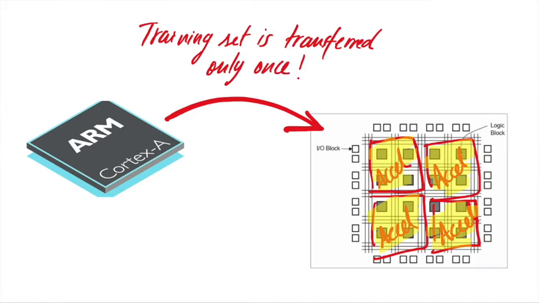Additionally, having several accelerators enables parallelism. Instead of classifying a new sample at a time, several samples are simultaneously classified. By doing so, the training set can be transferred simultaneously to all accelerators, reducing the number of times the dataset is read out from memory by the number of parallel classifications.